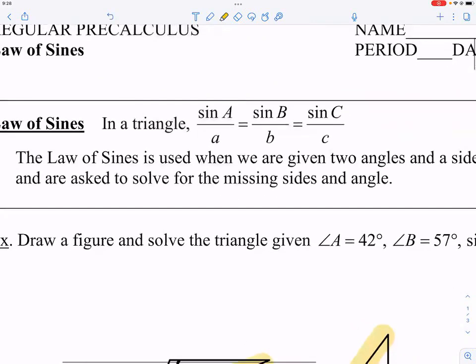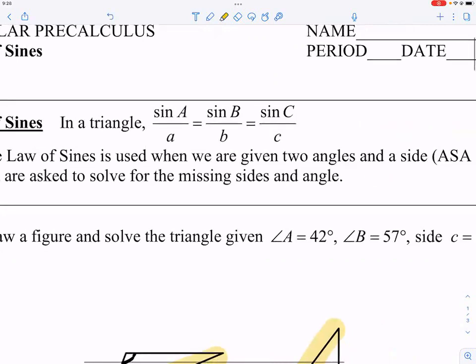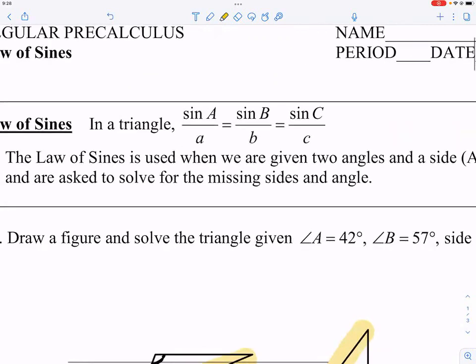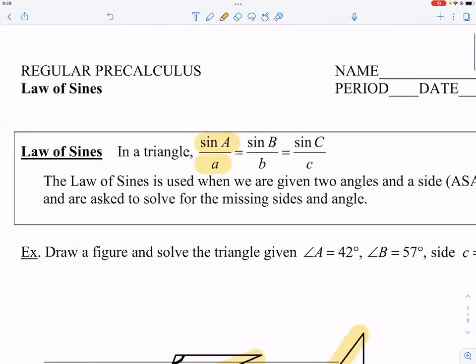Now, I want to make sure that you have a good lens to look at this. Here, we have sine of an angle over the opposite side. Now, I want you to draw a little triangle here.